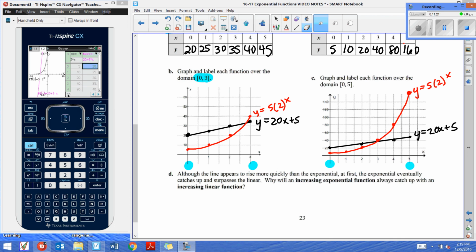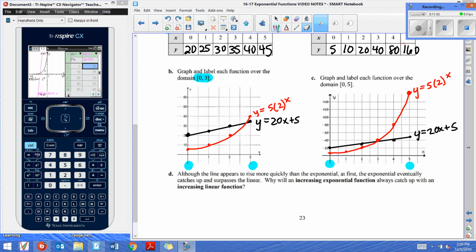Okay, so here we have our beautiful graphs that are labeled. I even color-coded them for you. Now, part D says, although the line appears to rise more quickly than the exponential at first, the exponential eventually catches up and surpasses the linear function. So why is this going to happen?